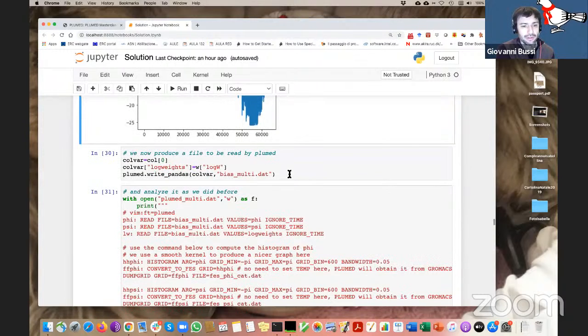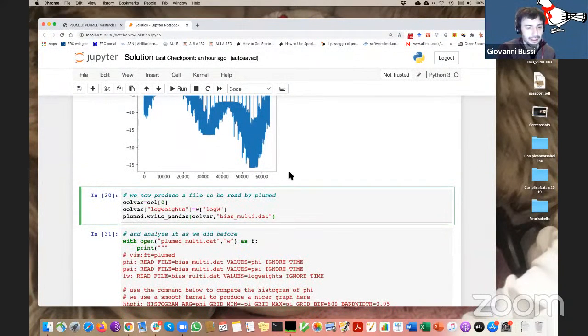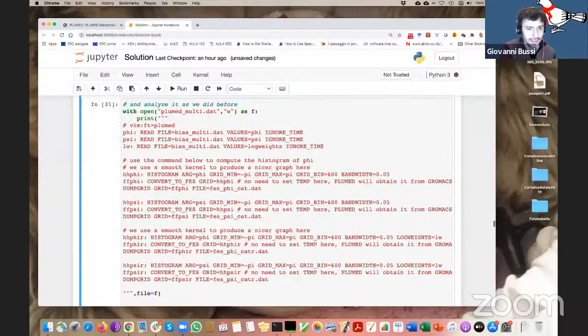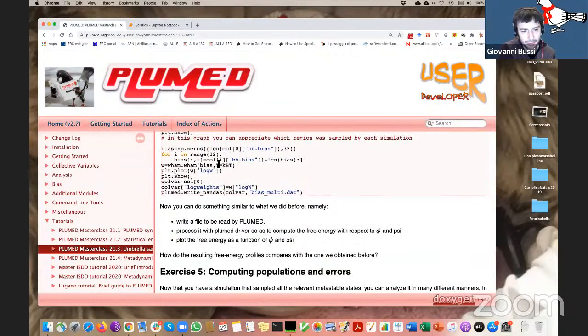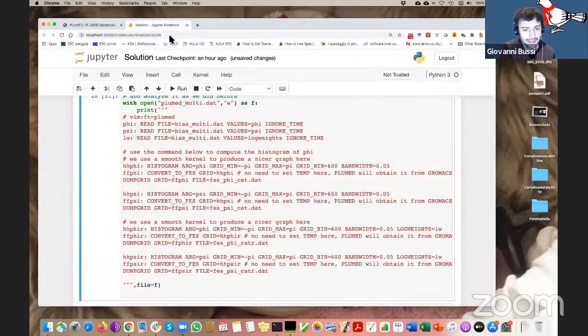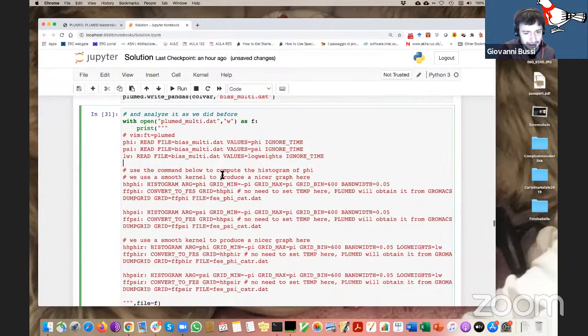Okay, so let's try to go on. Now we produce this file to be read by PLUMED, and this was also kind of guided. As you see, as we go down in the exercise, there are fewer and fewer instructions provided. I hope you managed to do this anyway.